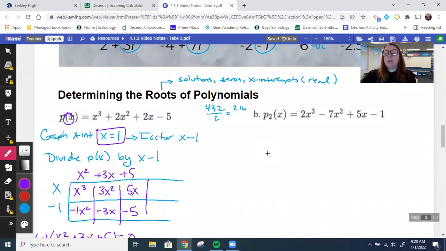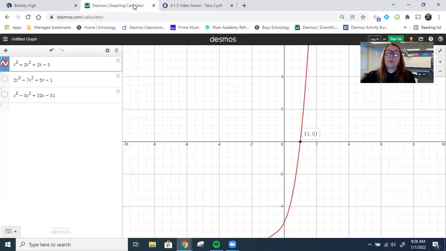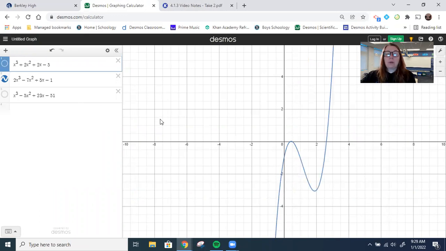All right, so let's take a look at this next one. For this one, again, I'm going to look at the graphs. Let me turn this one off. I have this one all set up, ready to go.